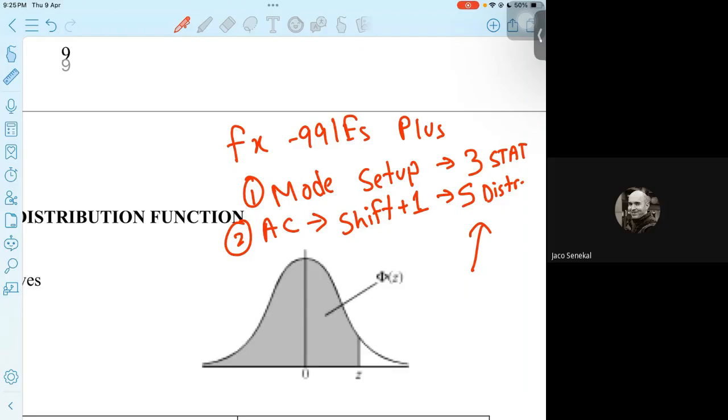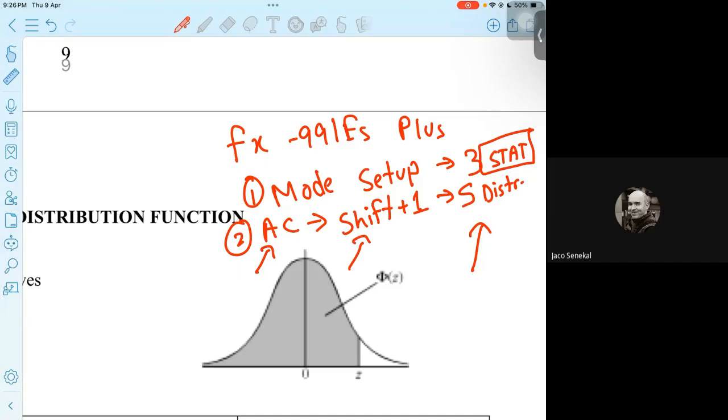So we go to mode setup, that is right beside the on button, and we click on 3 that says stat. After we do that, we clear our screen with AC. A menu is supposed to show up, but we don't use that. We just clear our screen, and then we see stat pop up on the top left corner, and then we press shift plus 1.